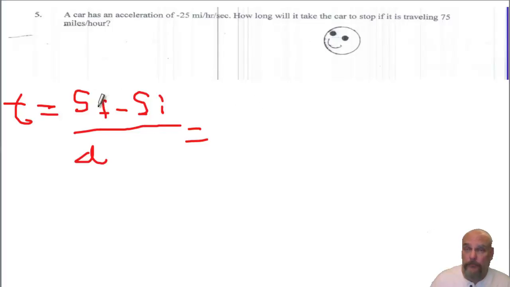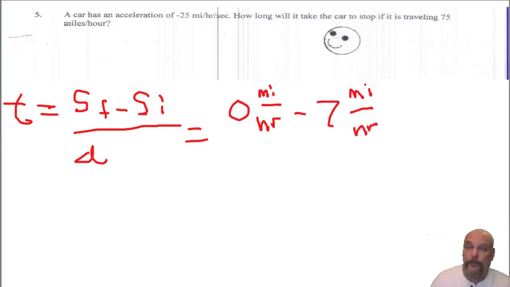So let's plug in our numbers. The final speed is what? Well, it's going to a stop, so it's 0 miles per hour, minus the initial speed, which is 75 miles an hour. Okay, hopefully you caught my error already.